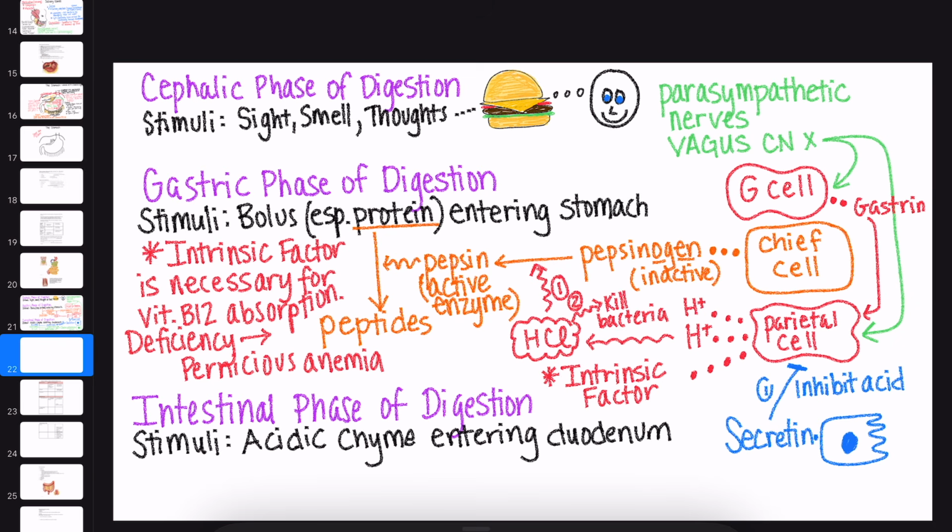So that's one job. But then it's going to do something else to help the duodenal wall keep from getting burnt up, and that is that it's going to stimulate the pancreas to make bicarbonate, which is like baking soda, and it will help to make the pH become more neutral in the duodenum so that the enzymes will be able to work in the intestine and not get denatured, and also so you don't get ulcers in your duodenum.